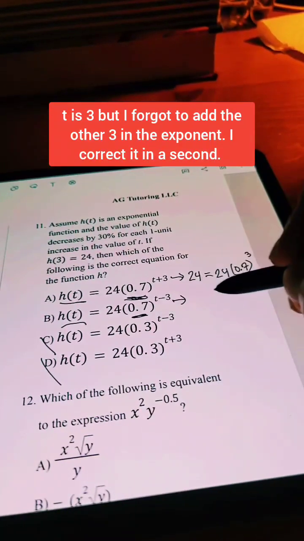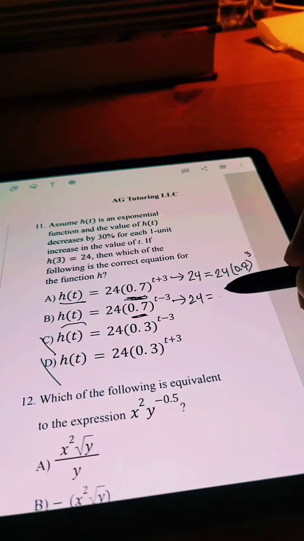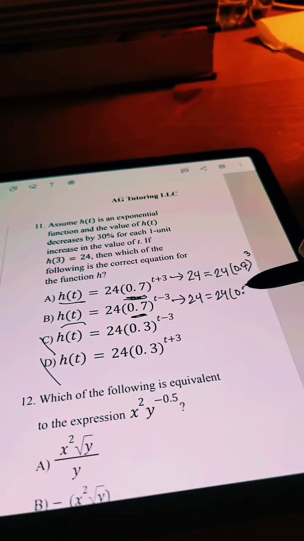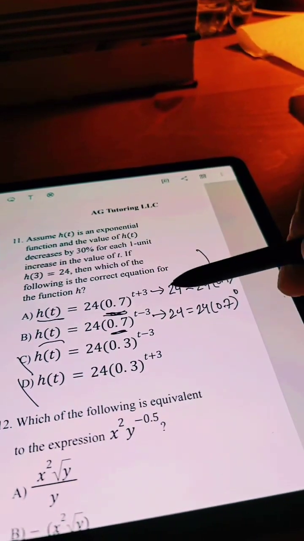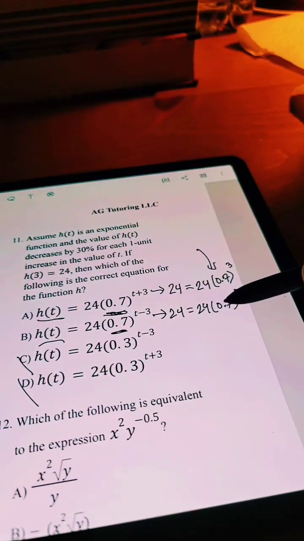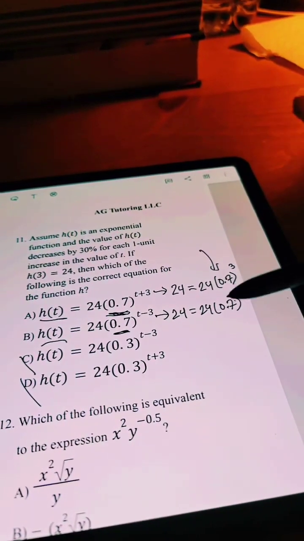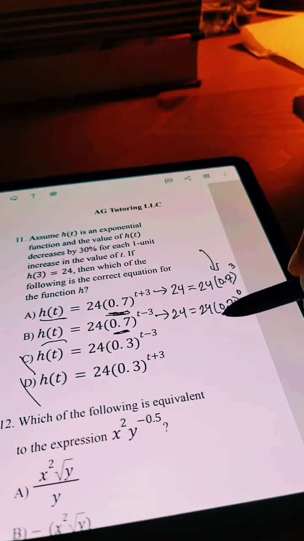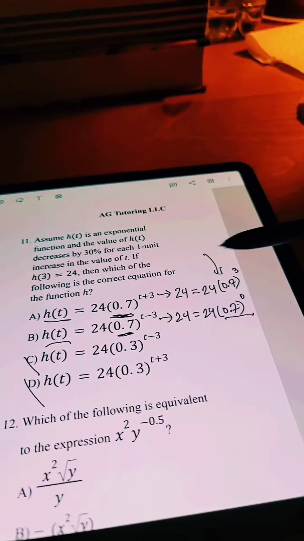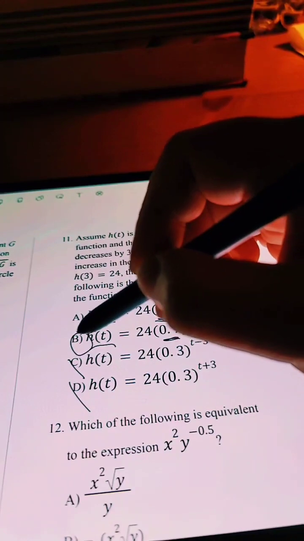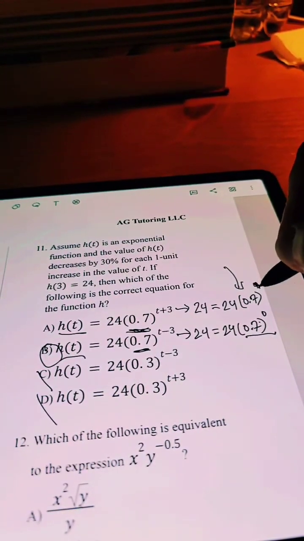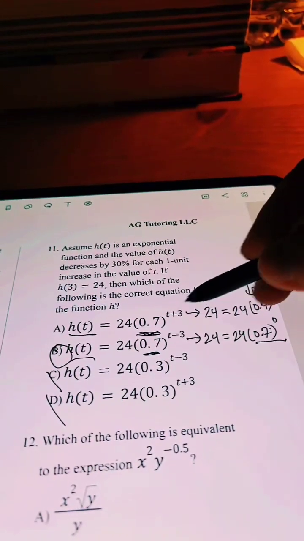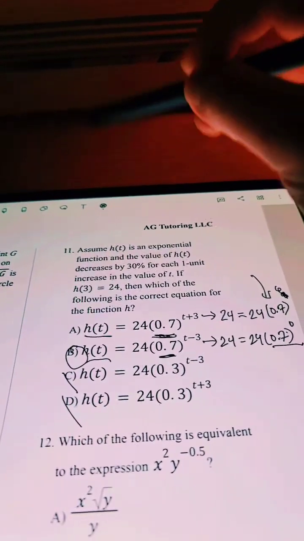If we plug it in here, we have 24 equals 24 times 0.7, and then your t is 3, so it's 3 minus 3, which is 0. Now, obviously, the first one, A, is not going to get you to 24, but for answer choice B, anything to the 0 power is just 1, so this turns into a 1, and 24 times 1 is obviously 24, so it's going to be B. Or 3 plus 3, oh yeah, sorry. I meant to put 3 plus 3 for the exponent in A. Yeah, 3 plus 3 is 6. Whoopsie, thank you for catching that.